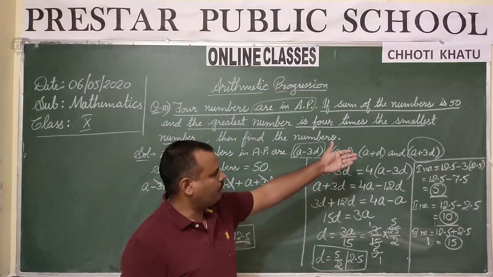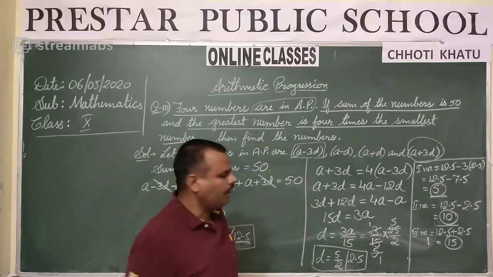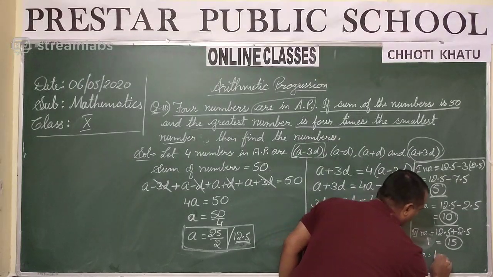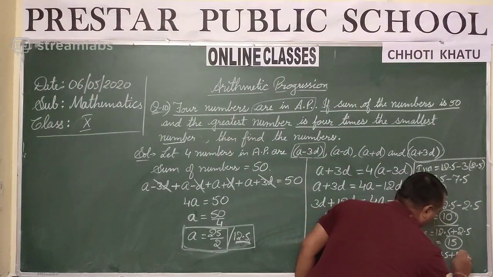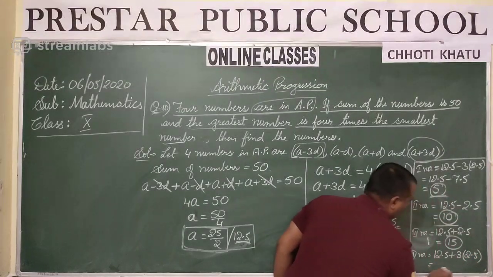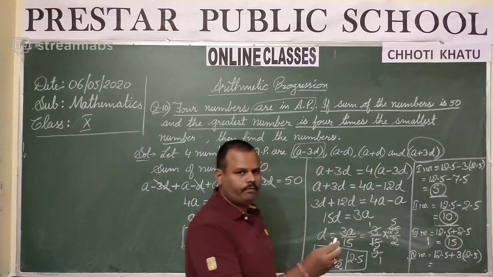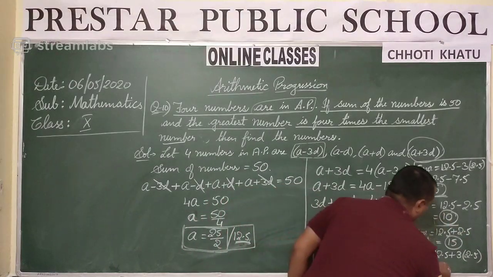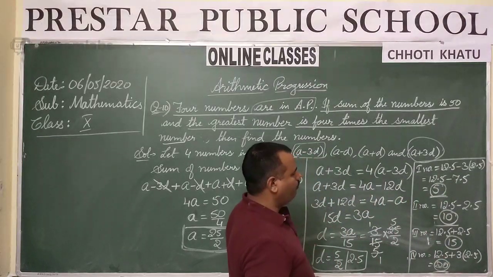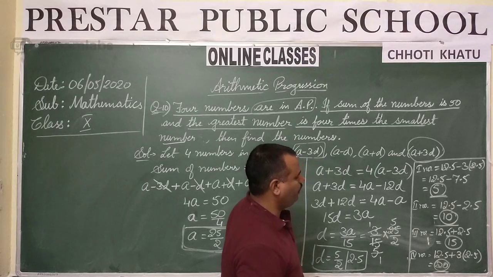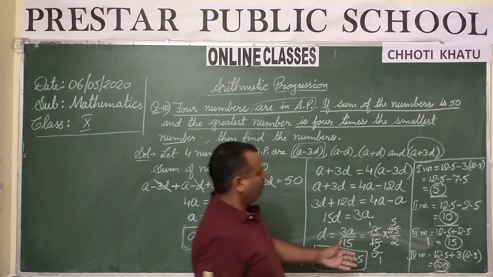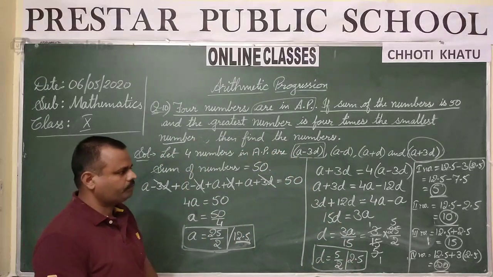Now similarly, the last number, that is the fourth one, A plus 3D, will be 12.5 plus 3 multiply 2.5. So 3 multiply 2.5 is 7.5. 12.5 and 7.5 will give you 20. So you have the 4 numbers as 5, 10, 15 and 20. So these are the 4 values which you have. So this is how the question is to be solved.